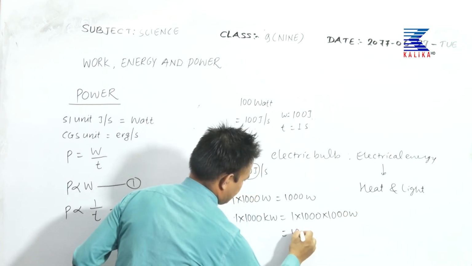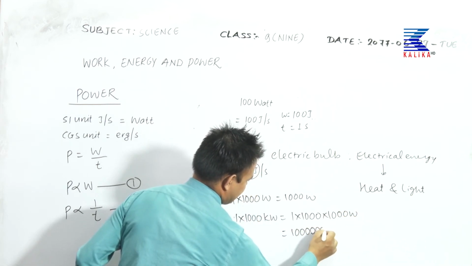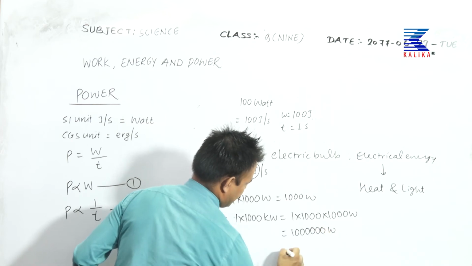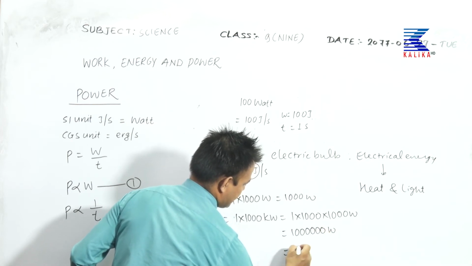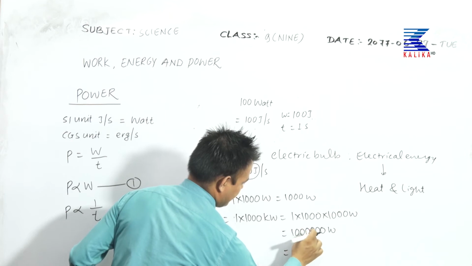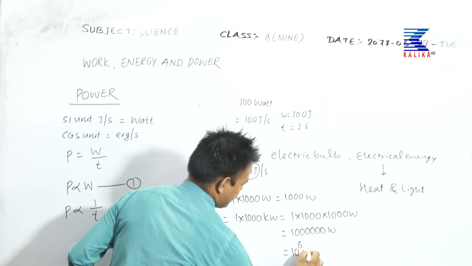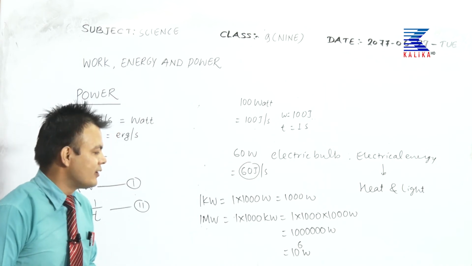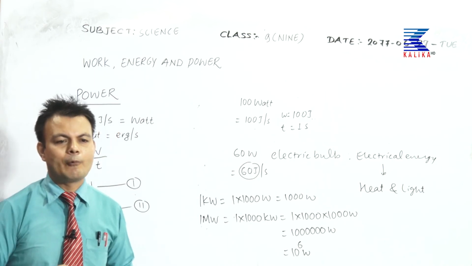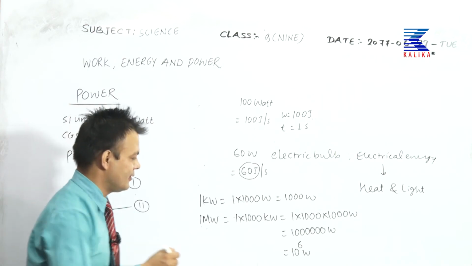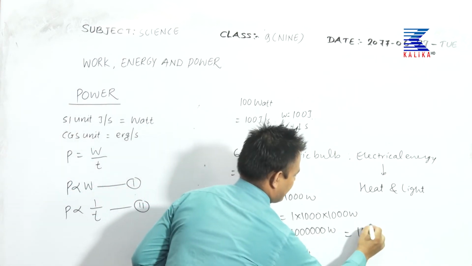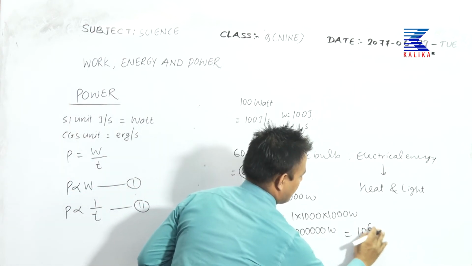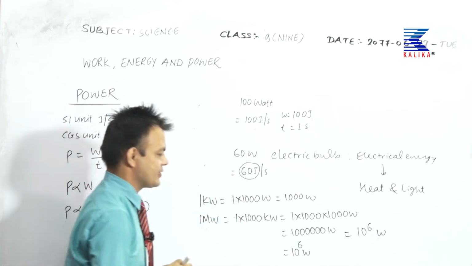So 1, 2, 3, 4, 5, 6 zeros, that is watt. It means 10 to the power 6. So 1 megawatt is equal to 10 to the power 6 watt, or joule per second.